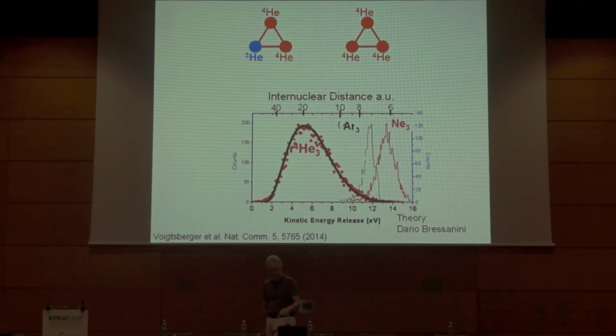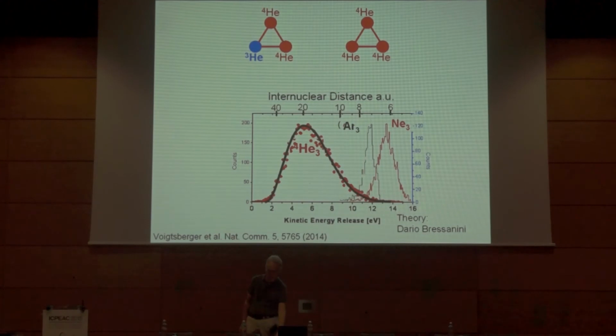If you replace one of the, that's helium-4. Now in helium you can take off one neutron and see what changes. If you do that in a normal molecule, like let's say H2, if you replace a proton by a D, you change the mass slightly, but the mean internuclear distance doesn't change much.